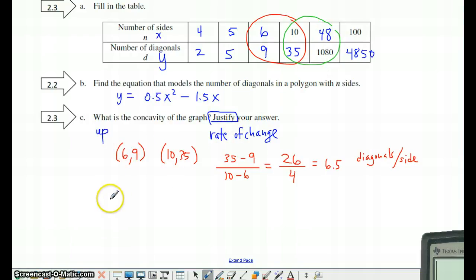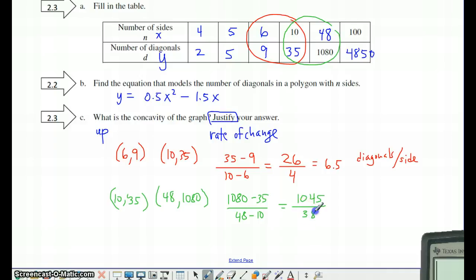So between 10, 35 and 48, 1080. So rate of change between there, 1080 minus 35 over 48 minus 10. See, 1080 minus 35, that's 1045 over 38.